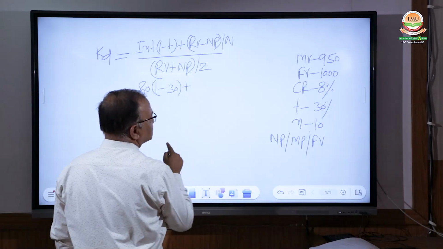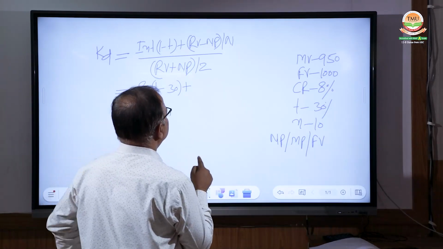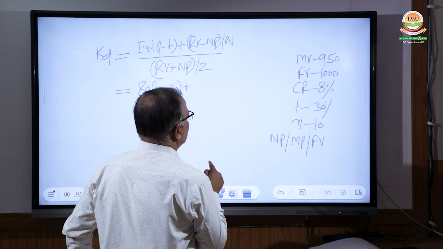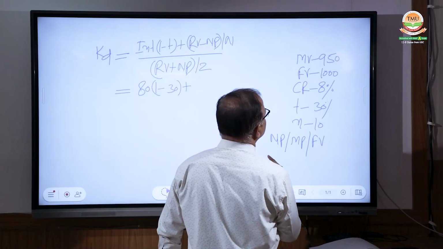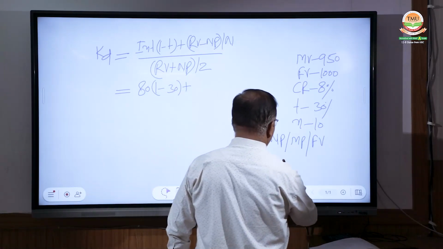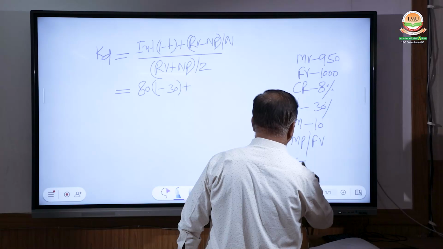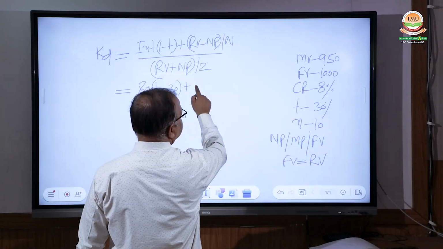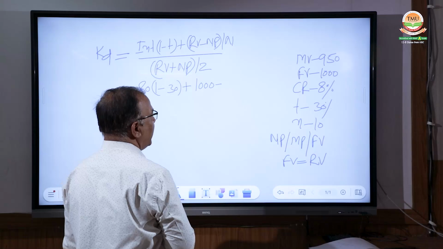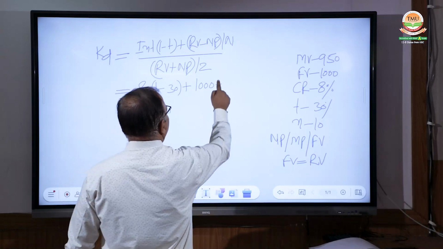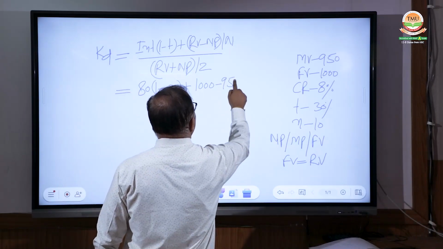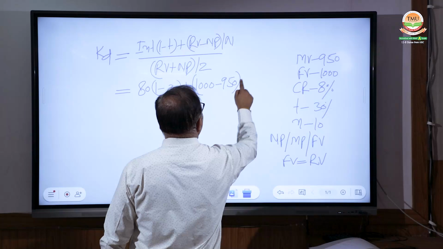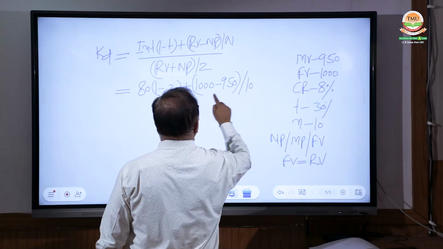Redemption value is not given in the question, so we will use face value as redemption value. Redemption value is 1000, minus net proceed 950, divided by 10.